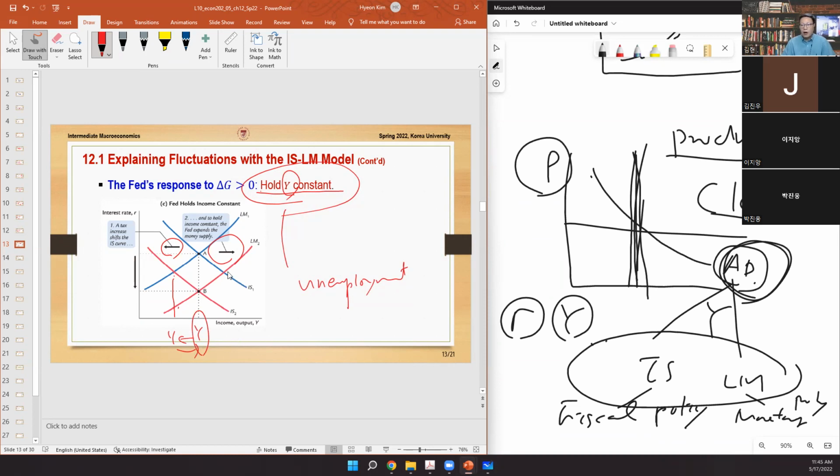In this case, technically we can categorize. When you have some change in the IS curve, there are three types of response for the LM curve: no action, the LM curve shifts to the left, or the LM curve shifts to the right.